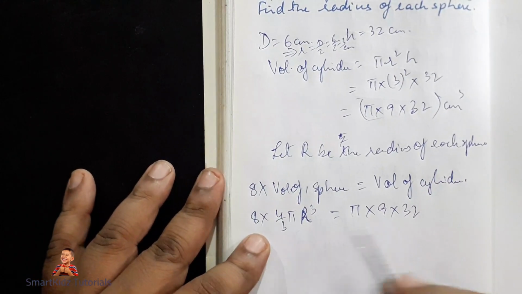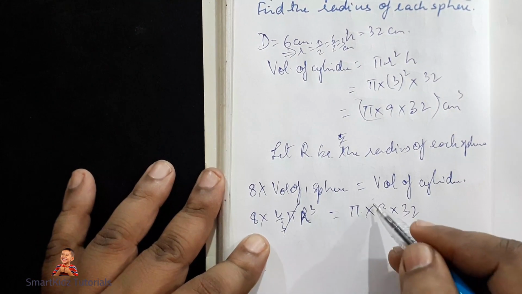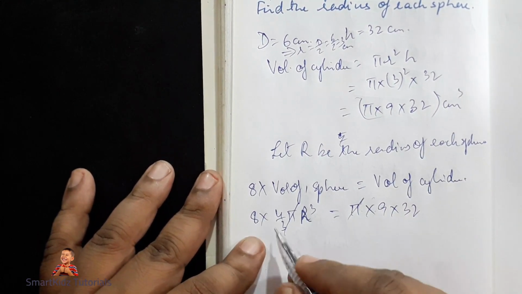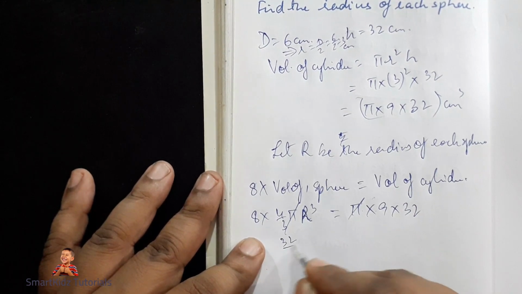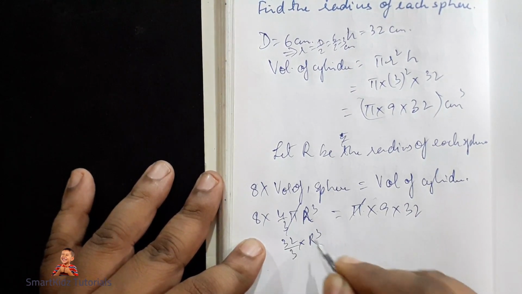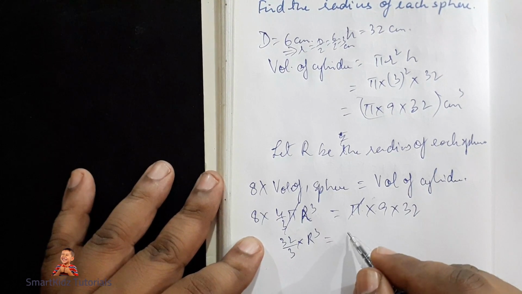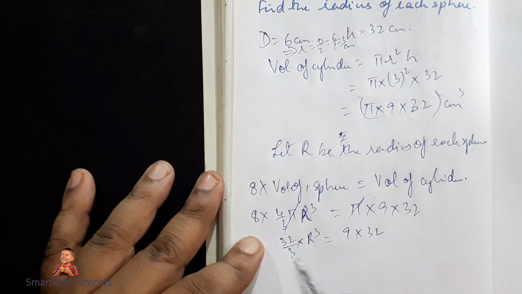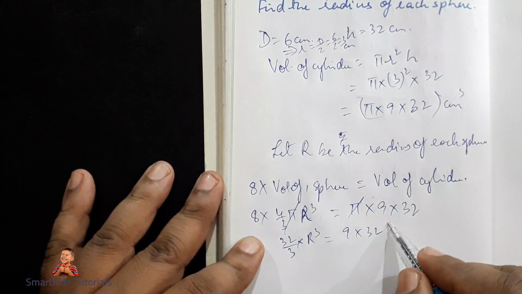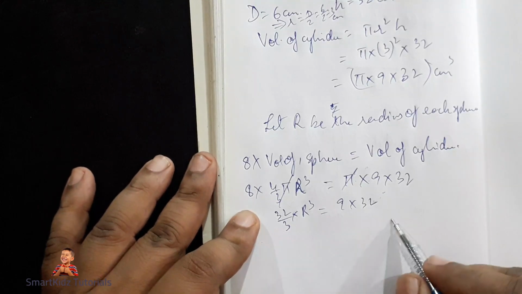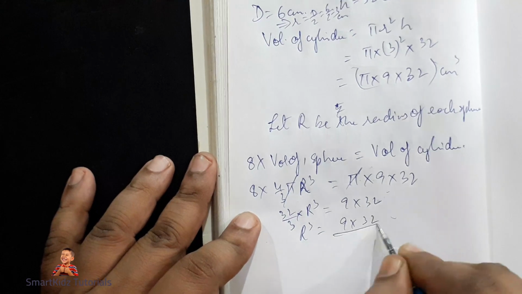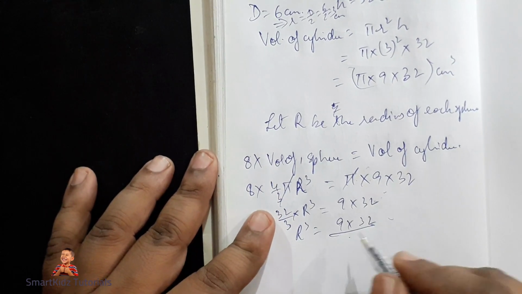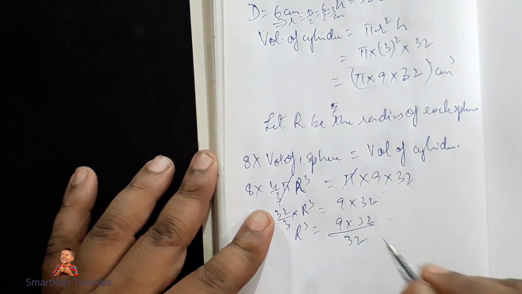Since pi is on both sides, I'm just going to cancel both of them. We have 32 upon 3 into R cube equal to 9 into 32. The 3 will go and multiply with the numerator, and 32 will come down in the denominator. So R cube equals 9 into 32 into 3 upon 32.